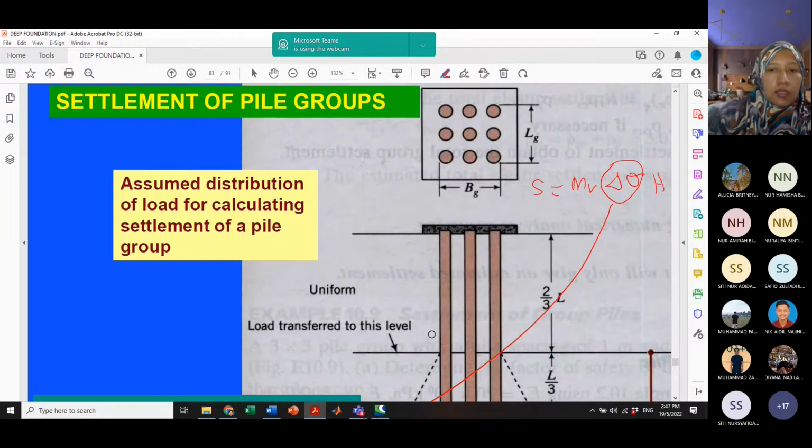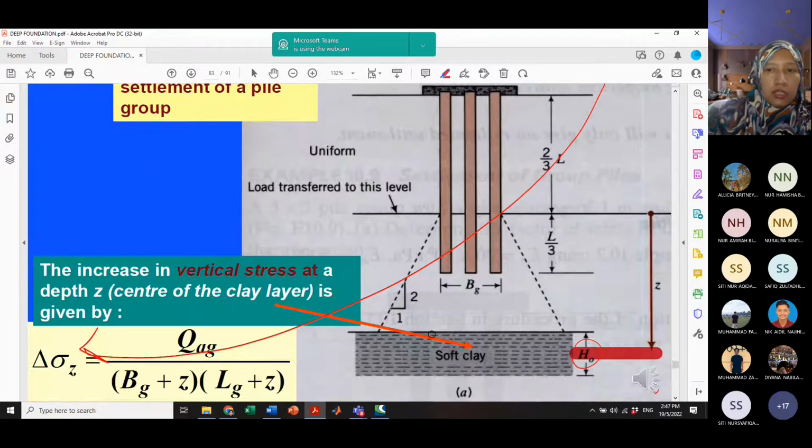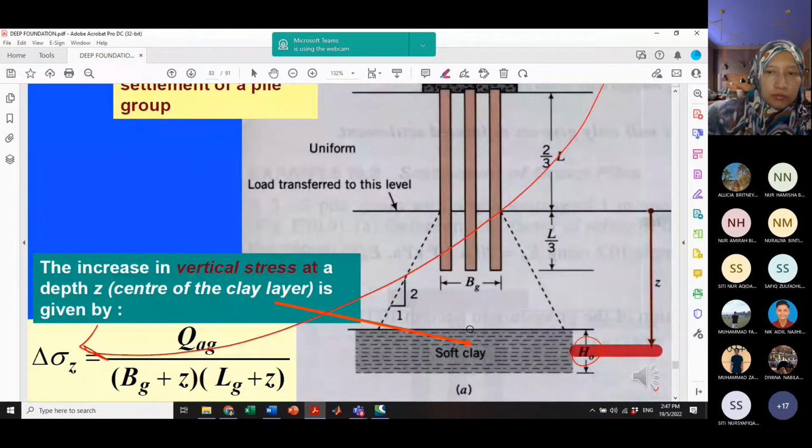Z is the depth at which we want to estimate the settlement. If you look here, Z we take from the 1/3 of L, after you have calculated the 2/3, so the 1/3 from L up to the mid center of the soft clay.